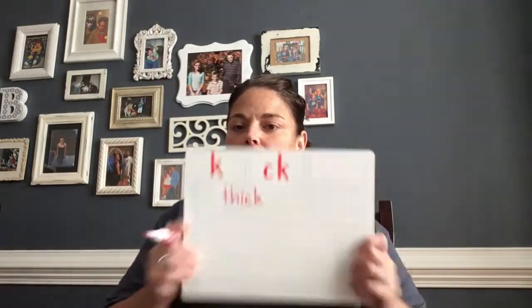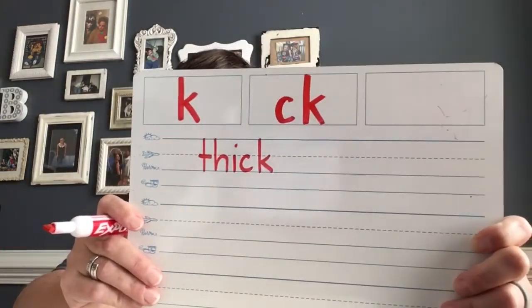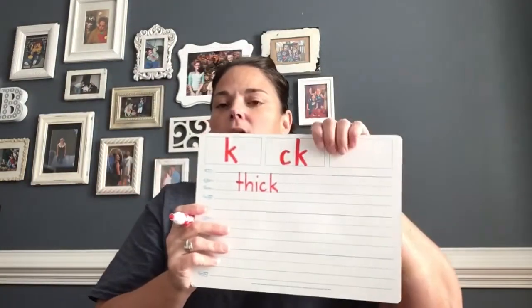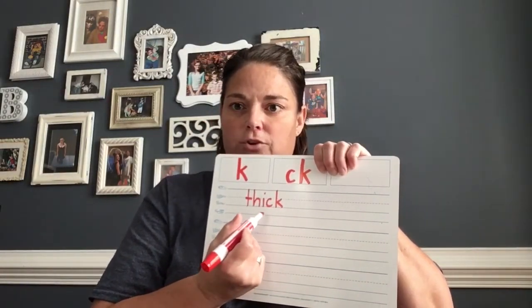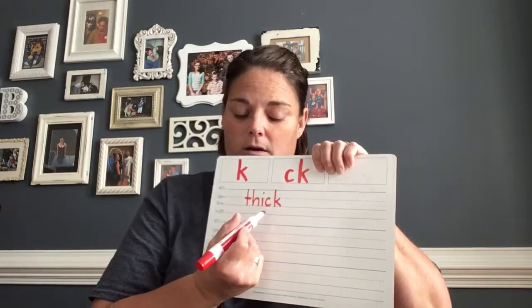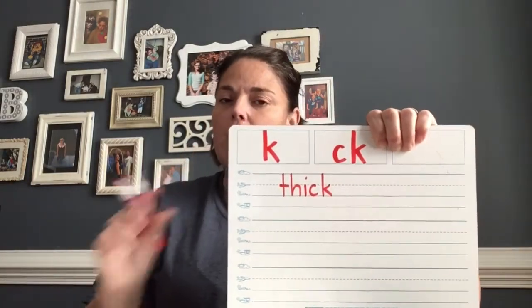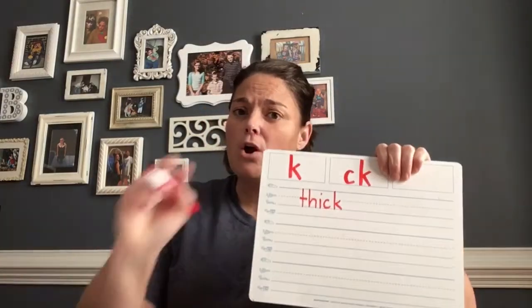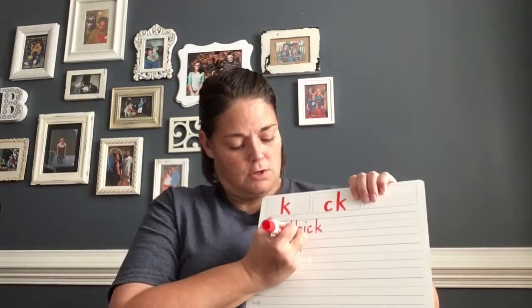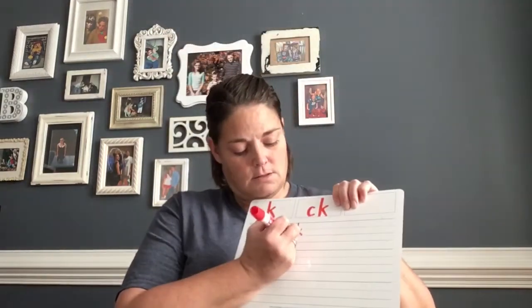Take a look at how it's written. T-H-I-C-K. The K came right after the short I. That's why we used CK. Do you remember how Mrs. Bailey needs to mark this? There are two digraphs in this word. TH and CK.